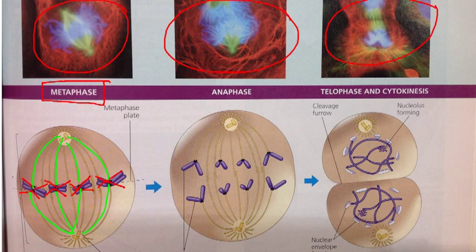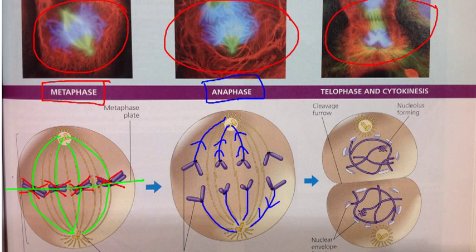Okay, so you'll notice from metaphase being lined up in the middle to now the new stage, anaphase. Anaphase, away, being pulled away from the center. So I'm drawing little arrows to indicate the direction that each sister chromatid is being pulled.